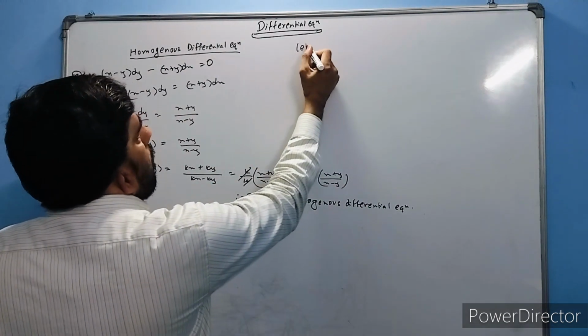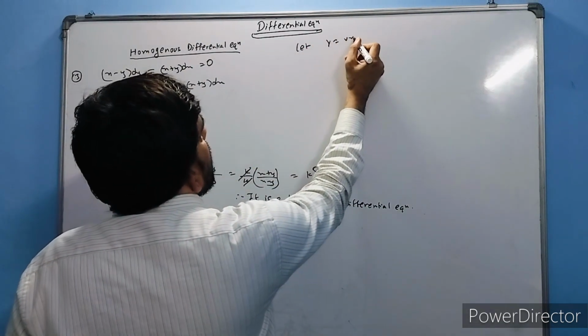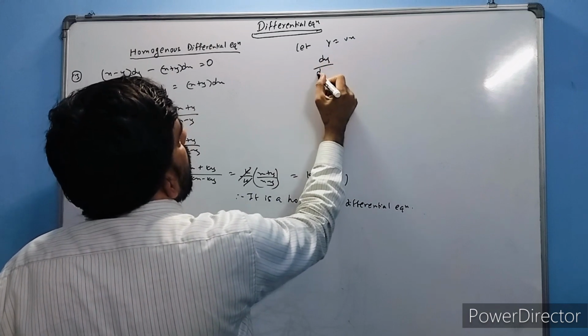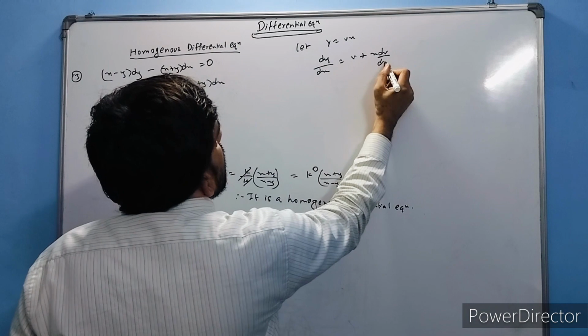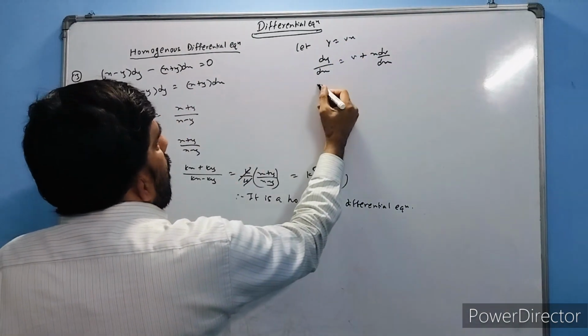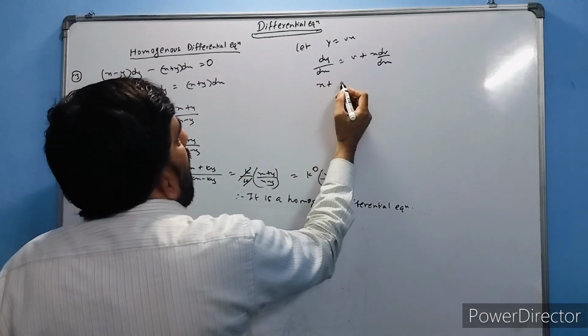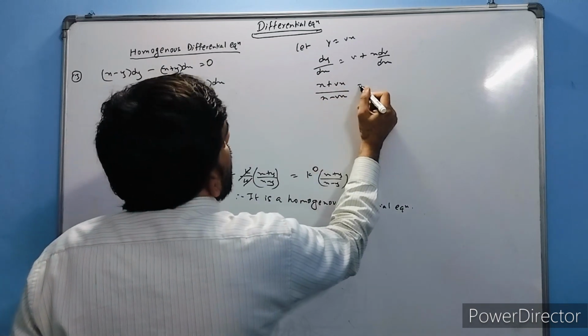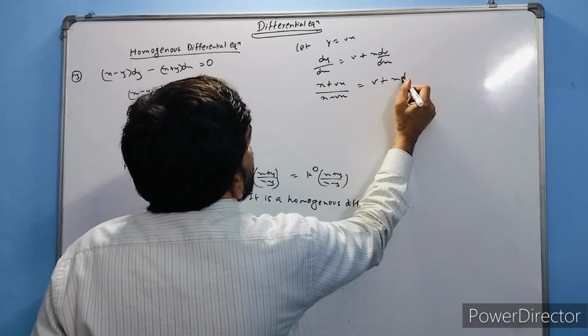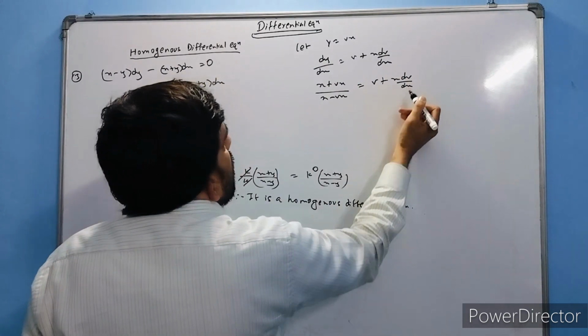Now let's take y is equal to vx, then differentiating, dy upon dx is v plus x dv upon dx. Now putting this value here, x plus y will be vx upon x minus vx is equal to v plus x dv upon dx.